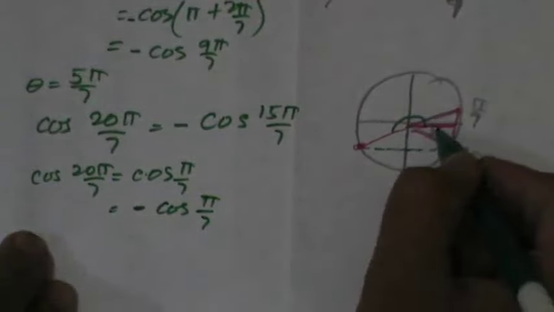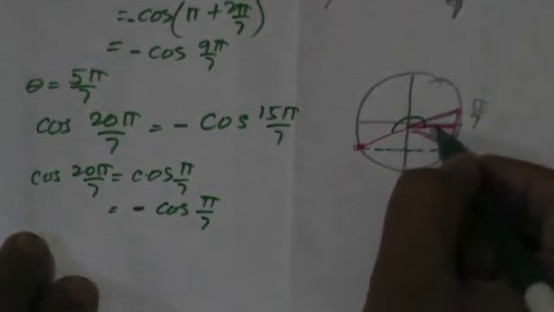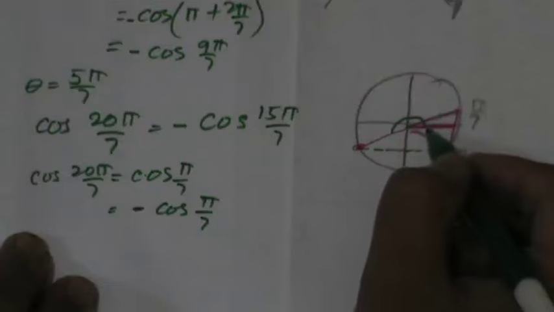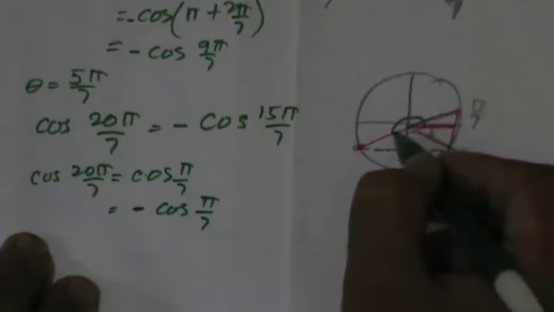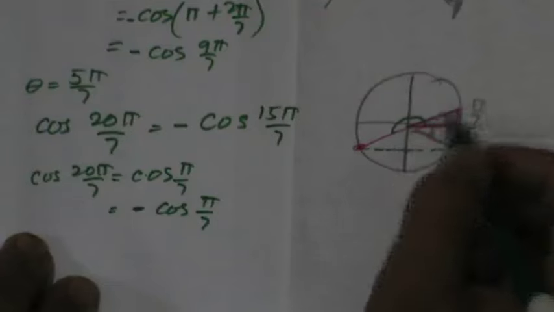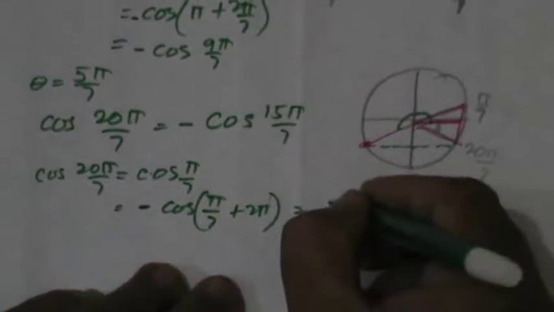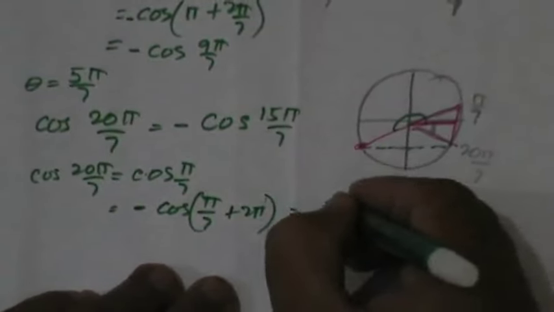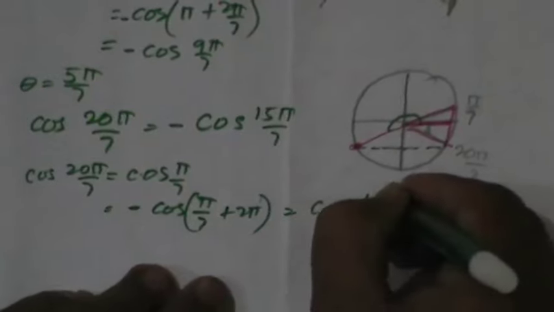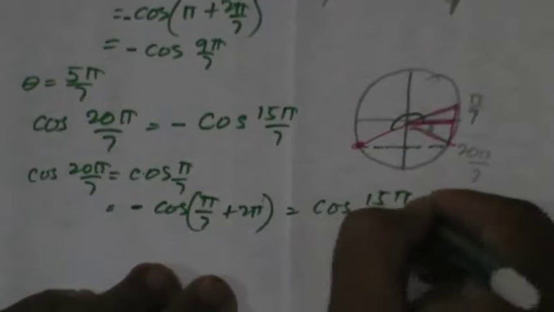So you want 15 pi over 7. So that is this portion here. So therefore that is now equal to plus 2 pi, plus 2 pi. Then that one will give you 15 pi over 7. Cosine of 15 pi over 7.